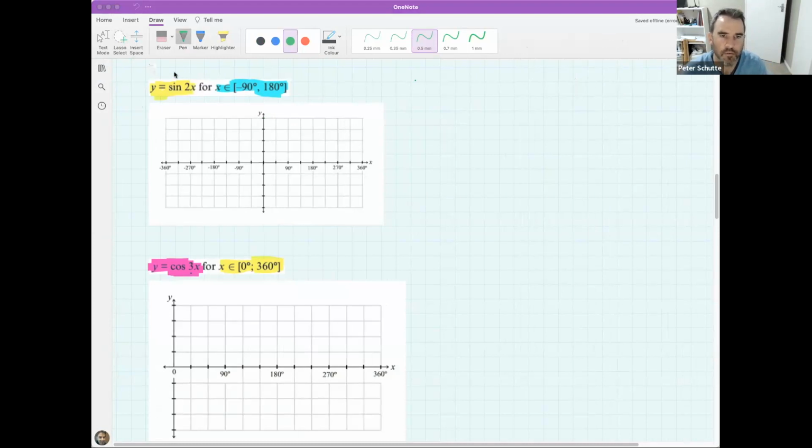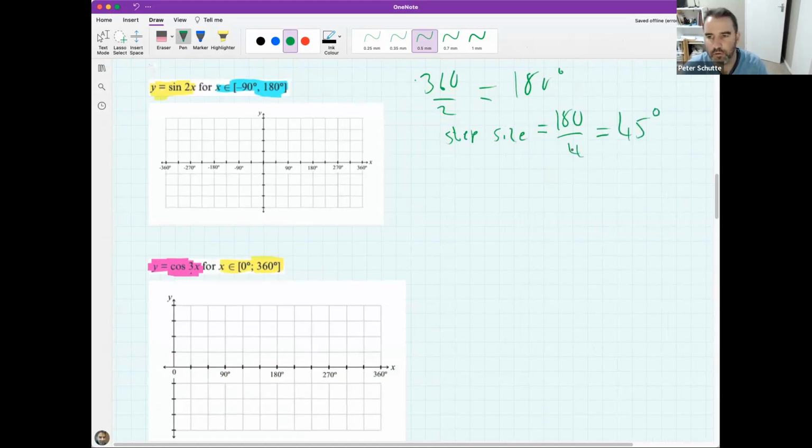So I suppose we need to think about the period of the graph. The period of this graph is actually going to be 180. And then the step size is going to be 180 divided by 4, which is 45 degrees.